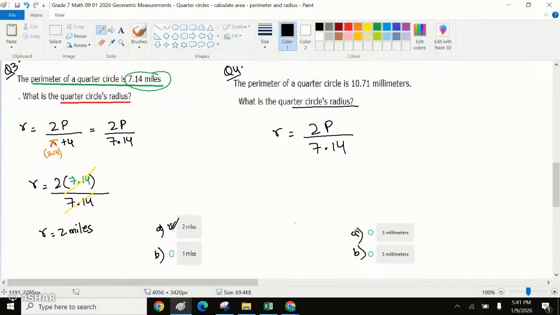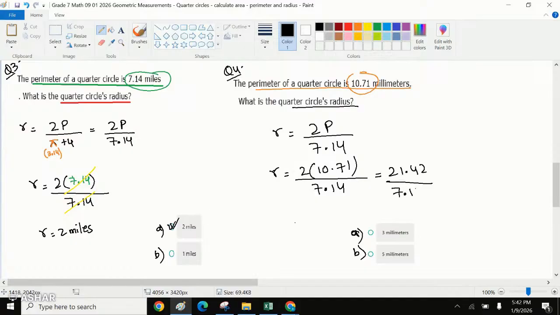Option A or option B? The perimeter was given as 10.71. So 2 multiplied by 10.71 divided by 7.14. 10.71 multiplied by 2 is 21.42. Yes, thank you, Michael. Divided by 7.14, it comes out to be 3, and that was millimeters. Option 1 is the correct answer, right?